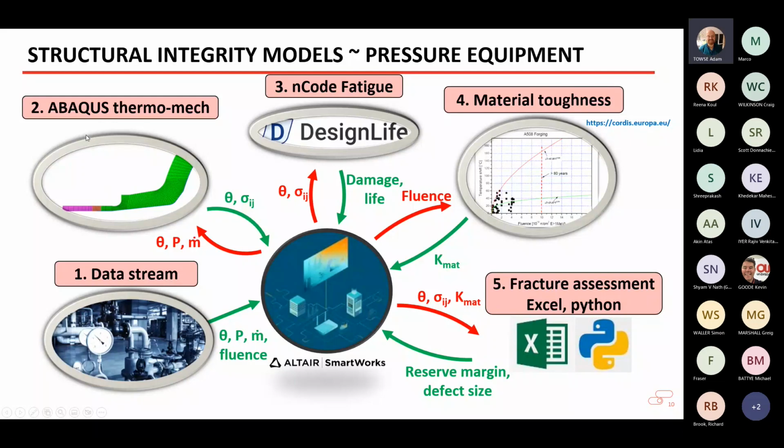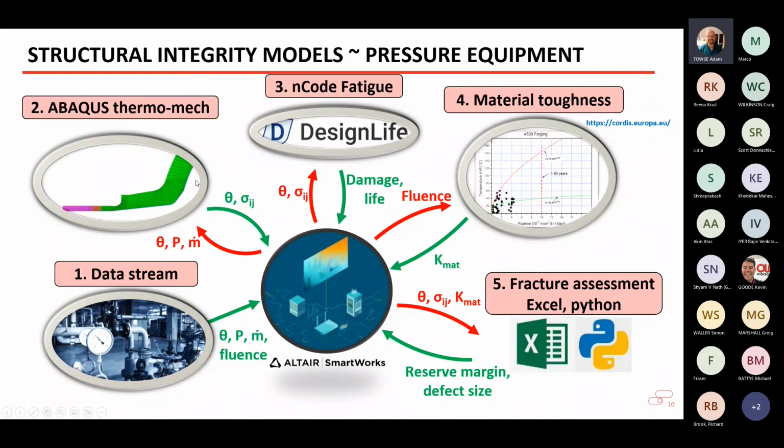We then had an Abaqus program that went into the SmartWorks database, grabbed, I think it was about an hour's worth each time of temperatures, pressures, and mass flow rates, calculated heat transfer coefficients, and did a thermal structural transient calculation to work out the current state of stress and temperature in that part, and started to push back, at specific key locations, temperatures and a stress tensor.